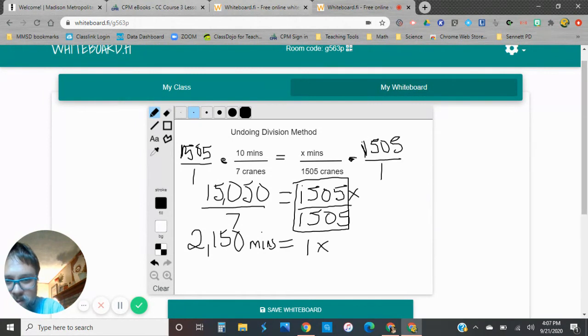A lot of people will actually just drop that 1 out because 1 times any number, in this case x, is just whatever that number is. So 1 times x is x. That's the multiplicative identity property for those of you that were wondering. So that's x equals 2,150 minutes.